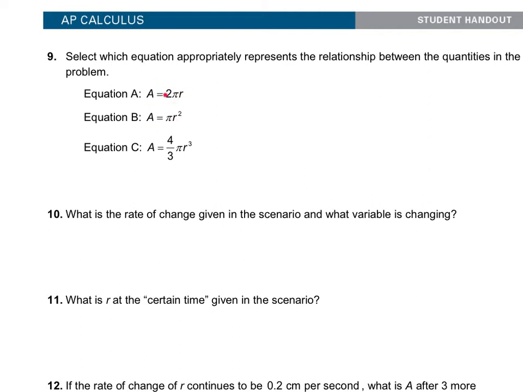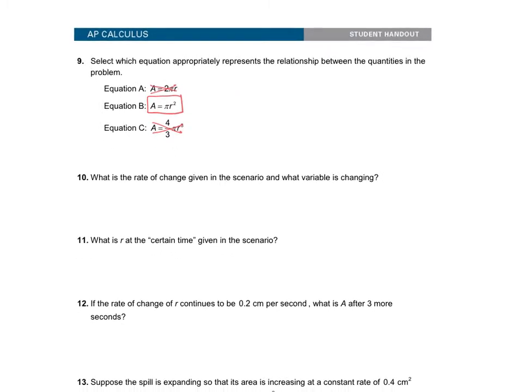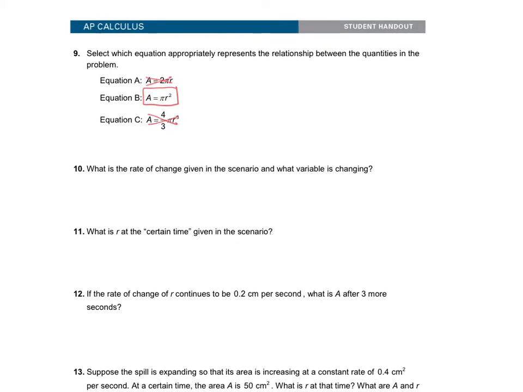This 2 pi r is really circumference, so they used a wrong formula. And this, if you remember, is the volume of a sphere. So they're just giving you wrong formulas. This is the formula we'll use since we're dealing with a circle, and that's the area of a circle formula.